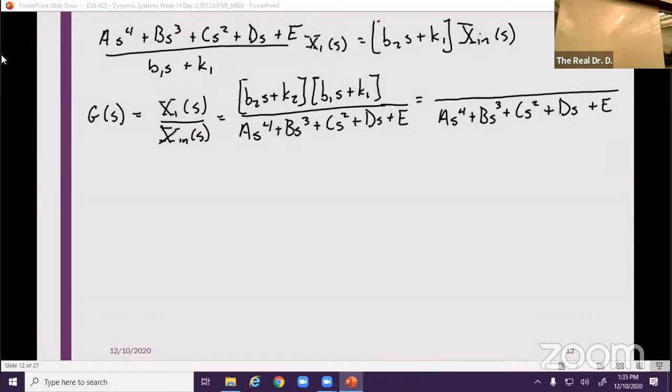So I'm going to multiply the numerator out now.